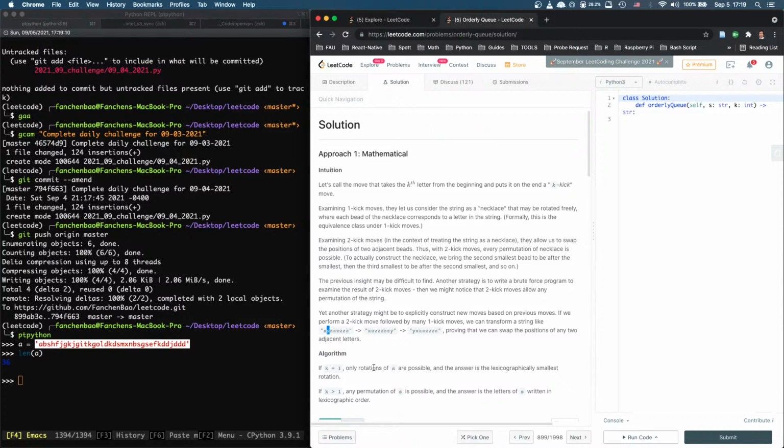We will have something at the front, and as we go rotation after rotation, we will constantly push in the sorted order and take the not sorted out. Push sorted in, take the not sorted out. Therefore, with a two-kick, we can always sort. This makes sense now.